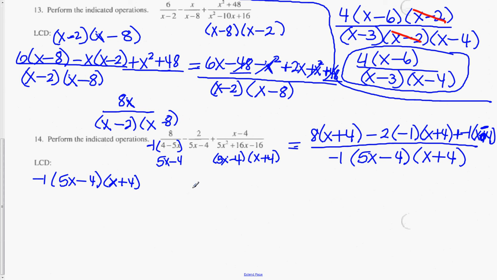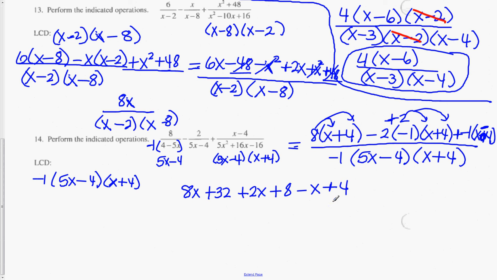All right, let's distribute. 8x plus 32. Negative 2 times a negative 1 gives me positive 2, so I'm going to distribute a positive 2 and get positive 2x plus 8. Then a negative 1 times that x would be negative x, and a negative 1 times a negative 4 gives me positive 4. Then we're going to collect like terms.